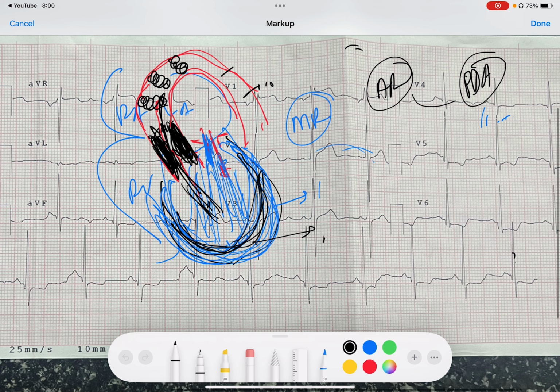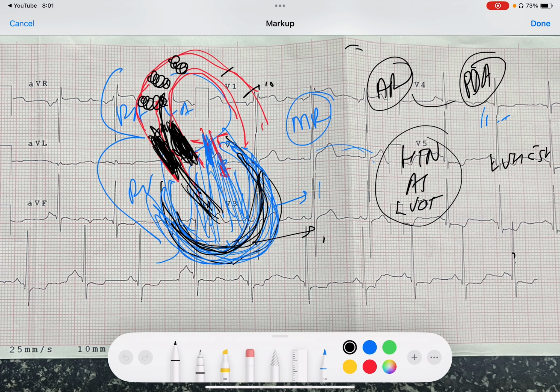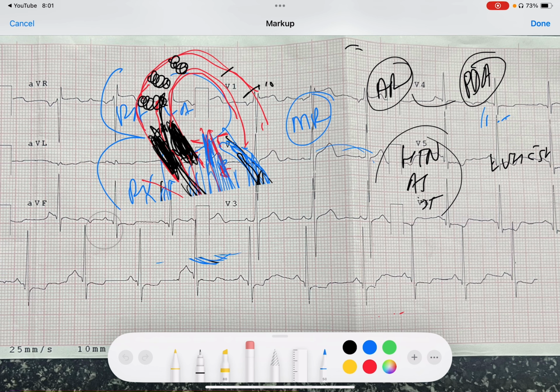So any disease which causes more pressure in the left ventricle, like hypertension, aortic stenosis or left outflow tract obstruction, will cause LVH with strain, or volume overload like mitral regurgitation, aortic regurgitation, patent ductus arteriosus, atrial septal defect, or ventricular septal defect. It will cause more blood to come into the left ventricle, and it can definitely present as left ventricular hypertrophy with the strain pattern.